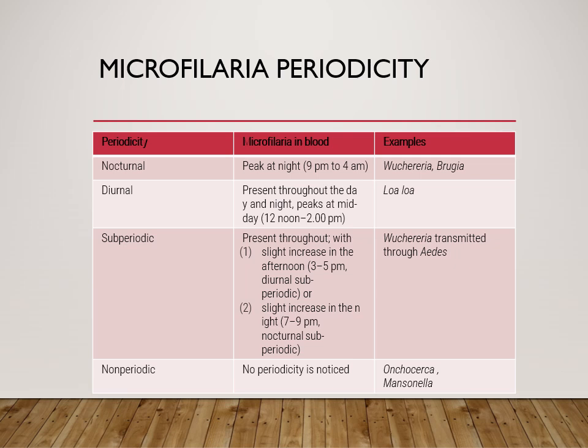Nocturnal periodicity means the microfilaria is present in the blood at night time, that is 9 p.m. to 4 a.m., and this is shown by Wuchereria and Brugia. Diurnal means 12 noon to 2 p.m., that is in the daytime. This is seen in the case of Loa loa. Then comes the subperiodic, so it is present throughout.